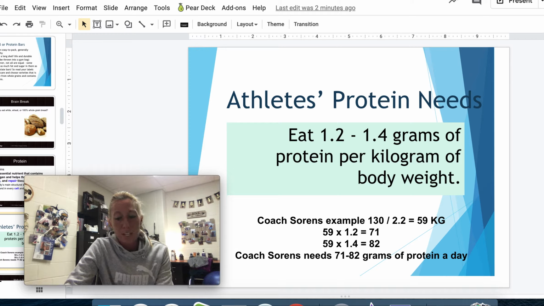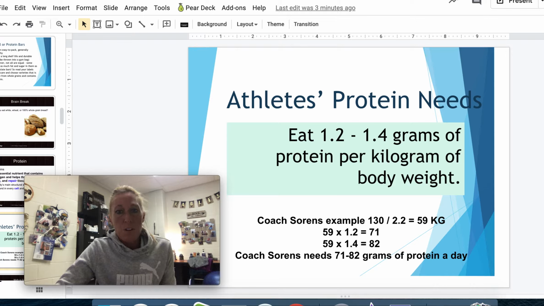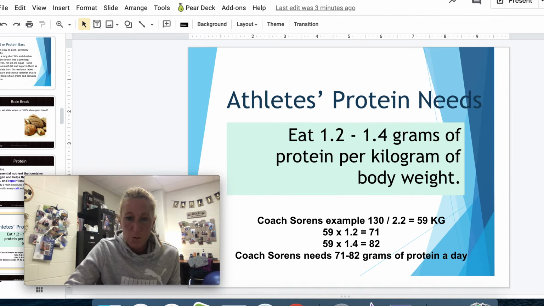So I'm going to take 59 times 1.2 to equal 71 grams of protein that I need to consume in a day. That's on the low end. On the high end would be 59 times 1.4, which is going to be 82. So if I was an athlete that was training, I need between 71 and 82 grams of protein each day. I need you to do that for your athlete that you are using in your presentation. You may also do this for yourself.